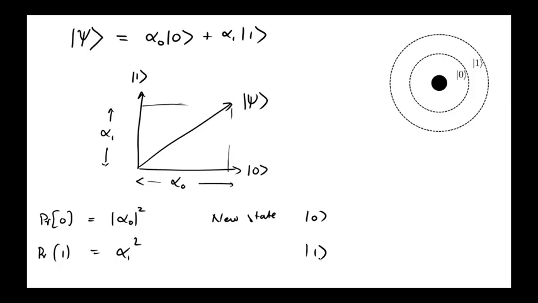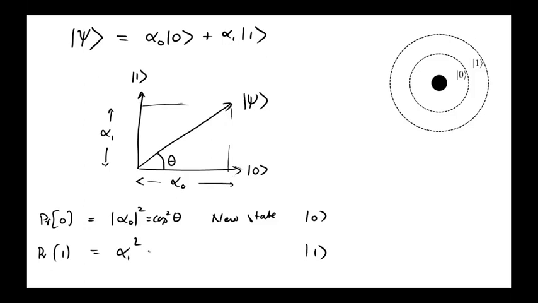So here's another interpretation of the measurement process. If you think of this angle as theta, the probability that the outcome is 0 is cosine squared theta. It's the cosine squared of the angle between psi and the 0 axis.